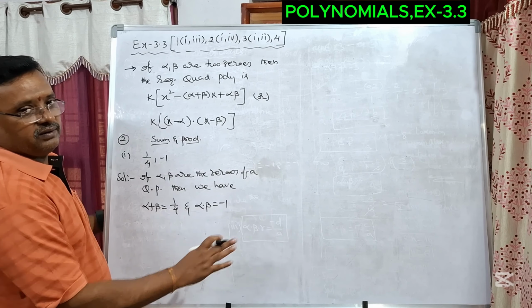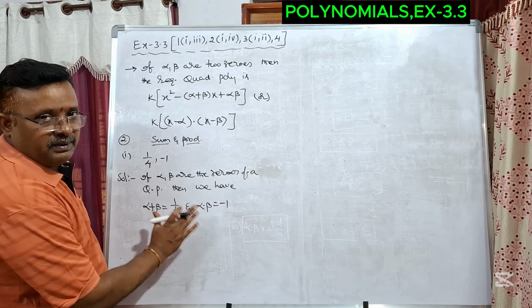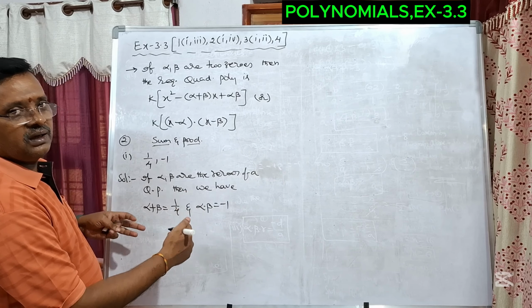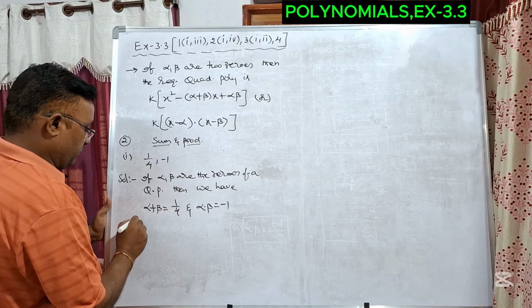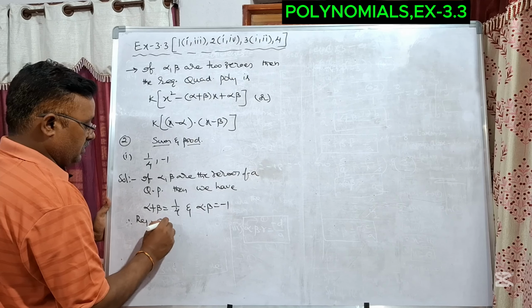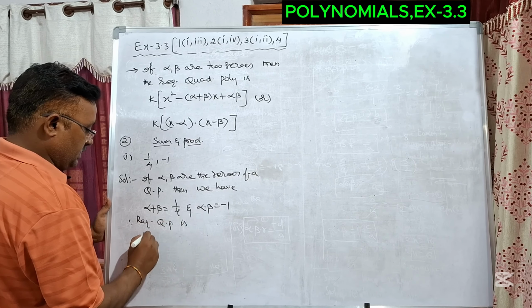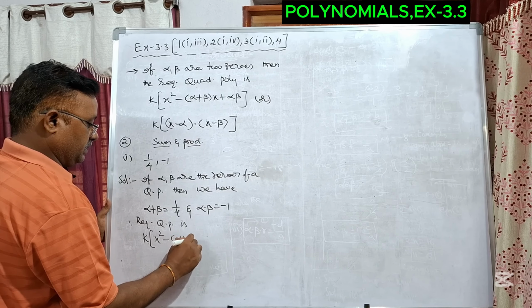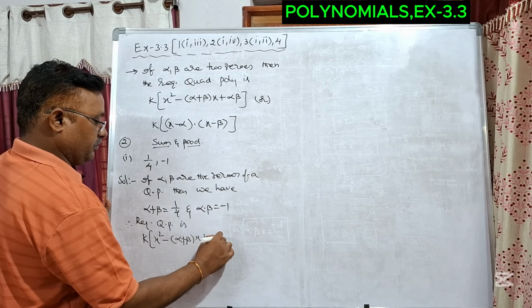These two values they have given. This is the meaning, the hypothesis, the given data. From this, what are they asking? The related quadratic polynomial. Therefore, the required quadratic polynomial is k times (x square minus (alpha plus beta) into x plus alpha beta).